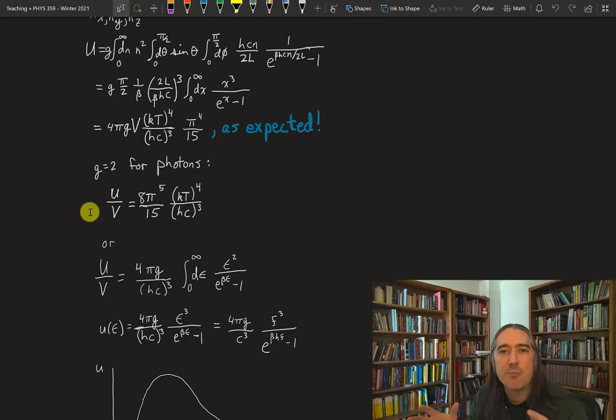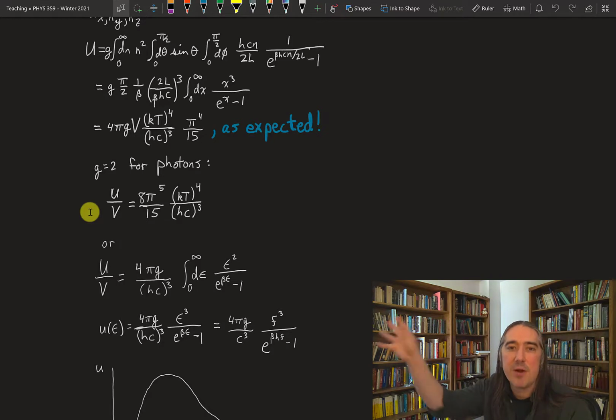The cavity gives you boundary conditions that allow you to do all these calculations, but if you have an equilibrium system of photons, something is holding on to them, right? It could be that you're in a cavity that's literally a box that holds photons. It could be that you're in a dense plasma so that the photons can't propagate away. They're interacting so many times with these ionized particles that the photons thermalize in that sense.